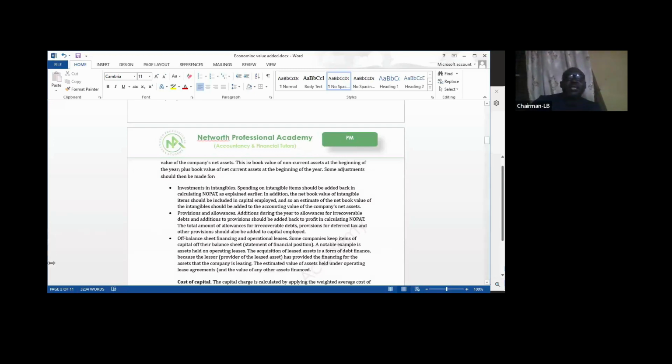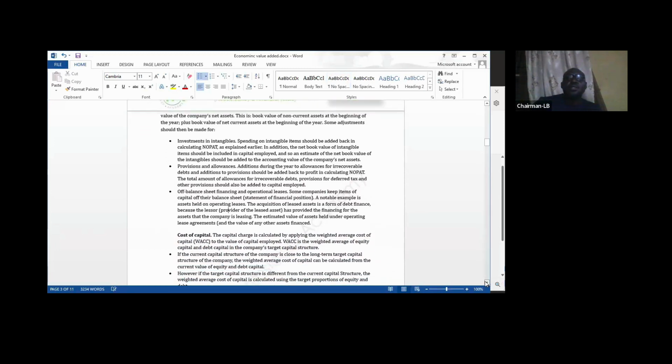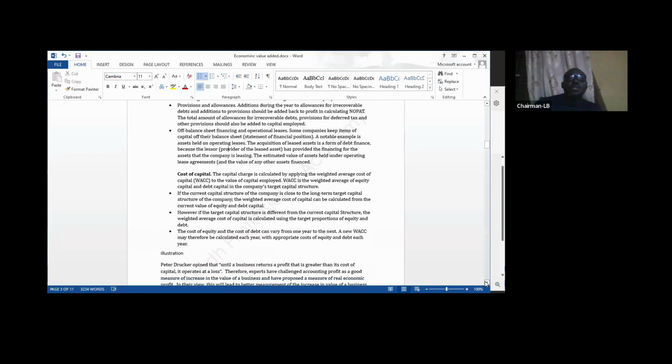Then lastly, your cost of capital. Examiner may give you the cost of capital directly. At times, examiner may not give you directly. You might need to do small working.